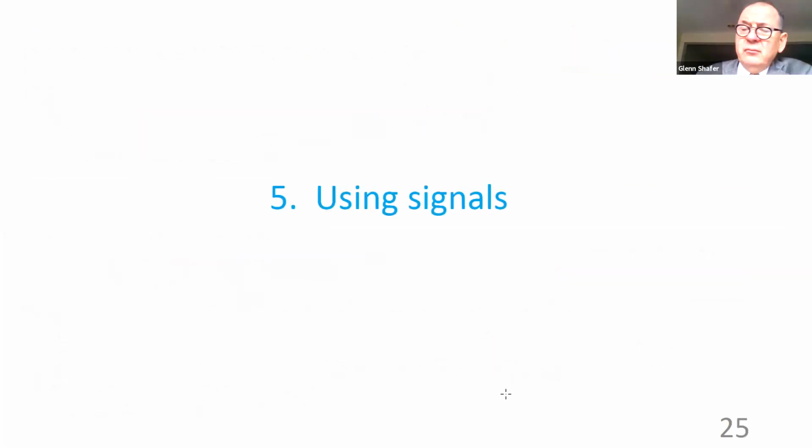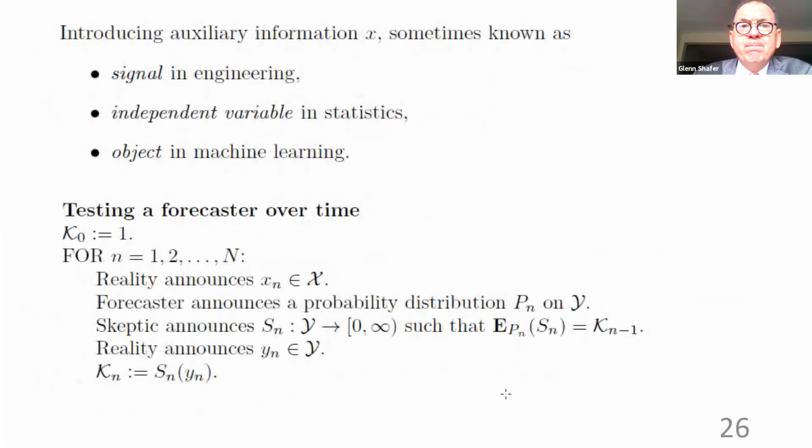Okay. The next topic is using signals. This is very common in all applications. In statistics, we would call the signal an independent variable. In engineering, it's sometimes called a signal.